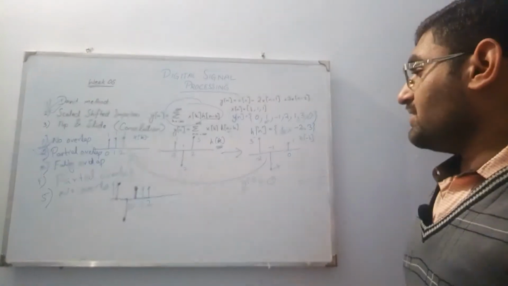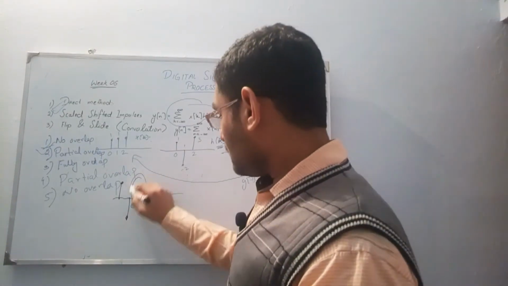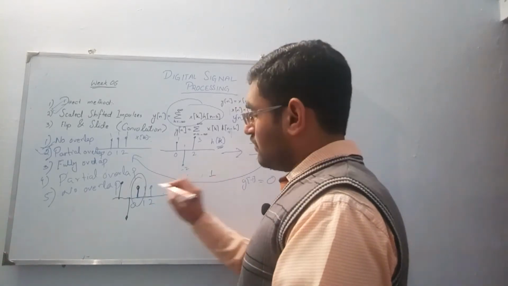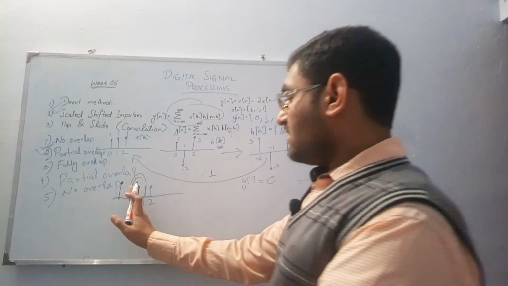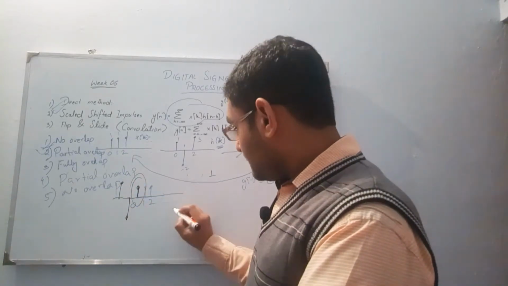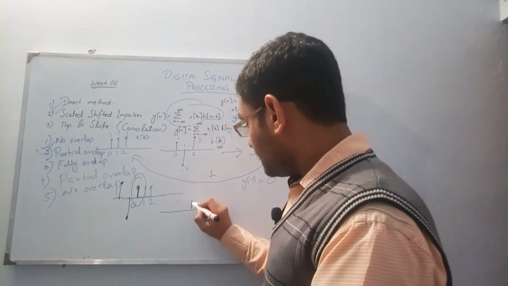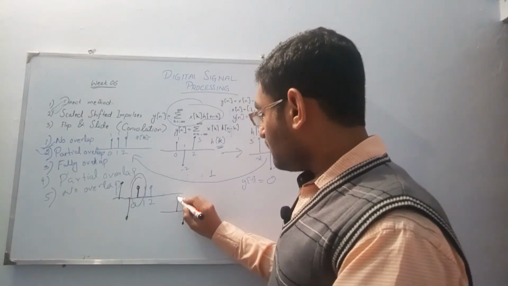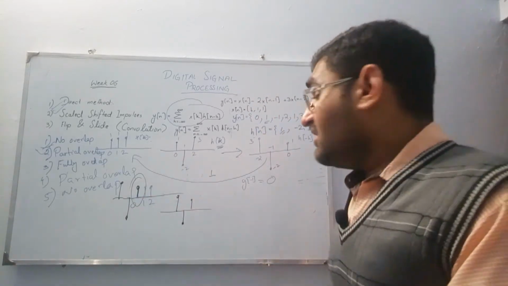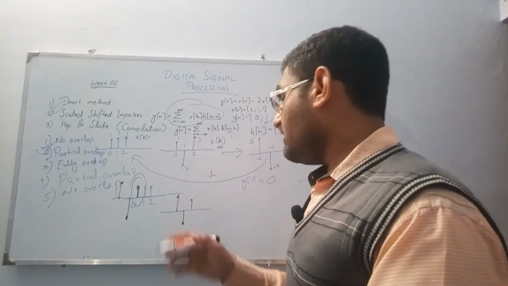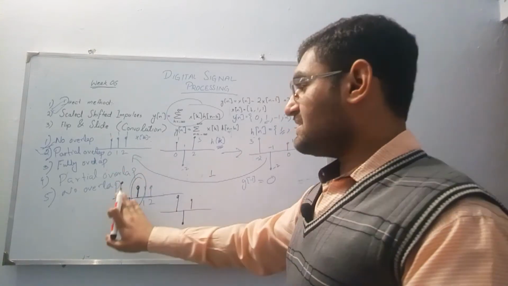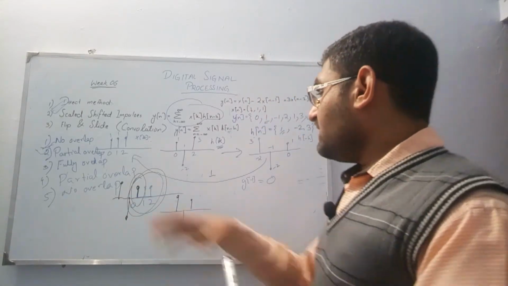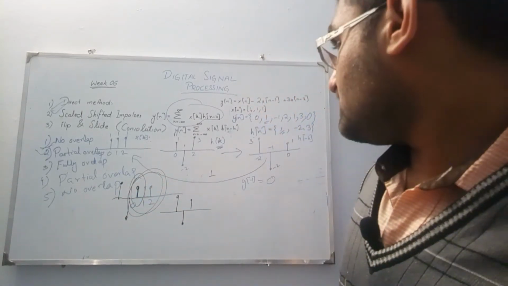H of minus k. So there is overlap. I have written this value as 1. So these two will multiply, then I will shift towards this one. In the next step it will move here and these two will multiply, and in next step again there will be fully overlap because these three samples will be overlapping all three samples.